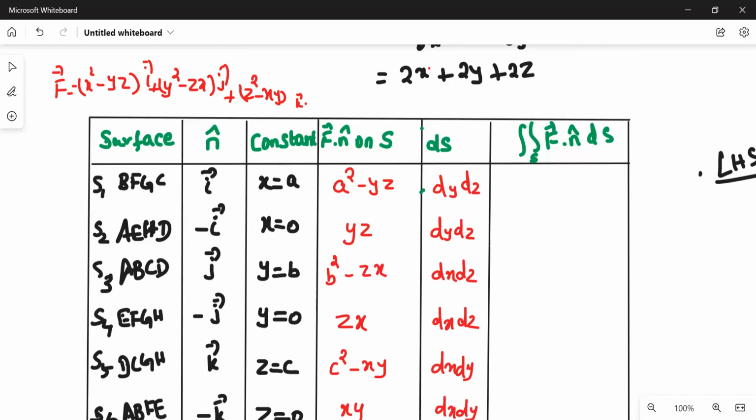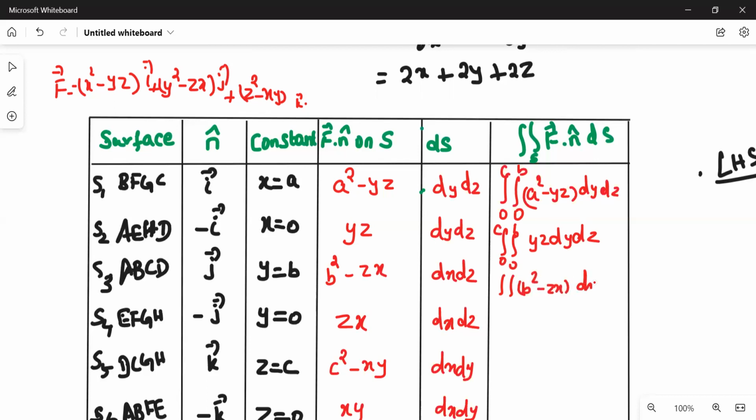Now the double integral of F dot n cap dS for each surface becomes double integral a square minus yz dy dz. Limits of y 0 to b, limit of z 0 to c. For the second surface S2, it is double integral yz dy dz. Limits are 0 to c, 0 to b. For S3, it is double integral b square minus zx dx dz.